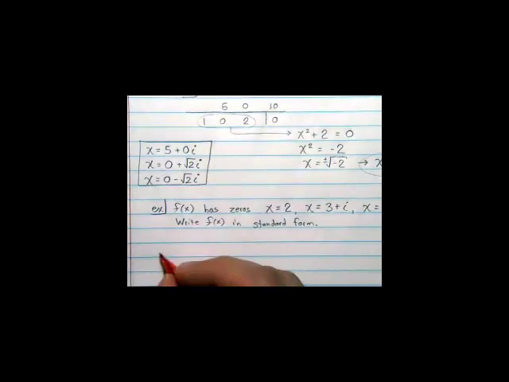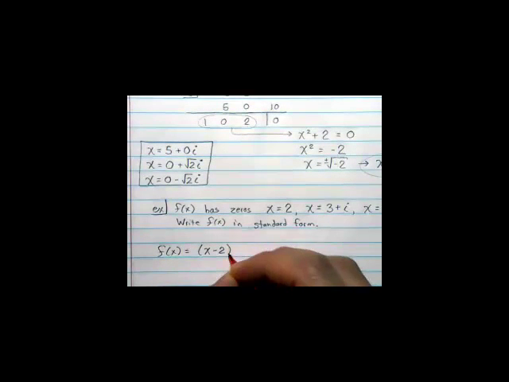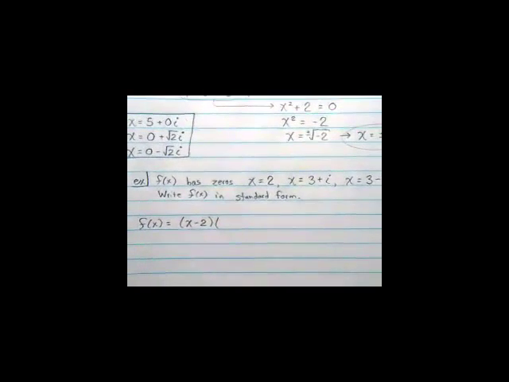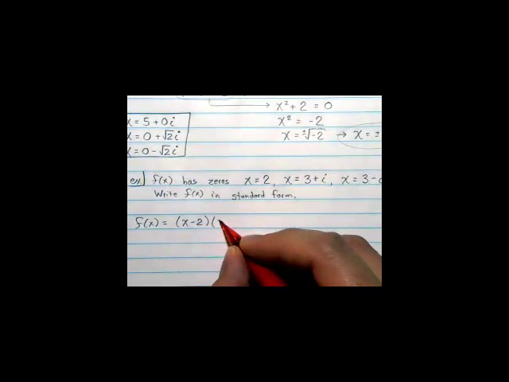Alright, so f of x. Each of these I'm going to turn into a factor. What's the factor that goes with x equals 2? x minus 2. The factor that goes with 3 plus i, we're just talking the factor.